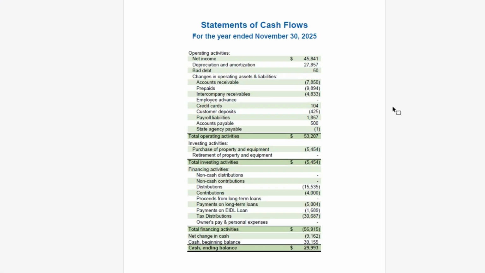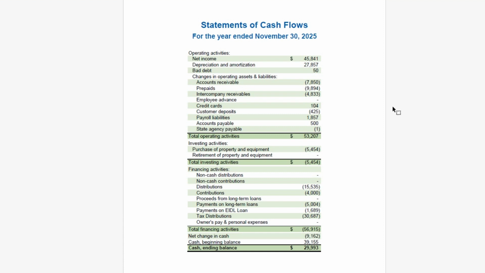Okay, now the last financial statement that we're going to talk about today is called the statement of cash flows. And the way that I like to describe this one is it's basically showing you the cash activity that has taken place for your business for whatever time period it may be, whether that's a month or a year or a week, okay?